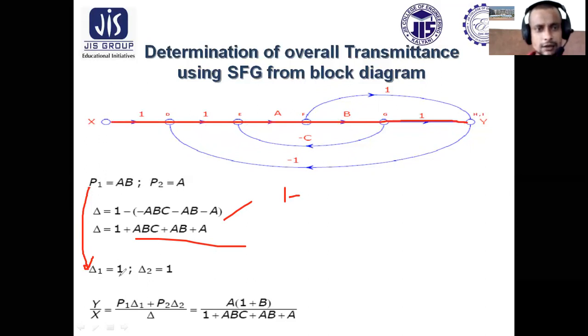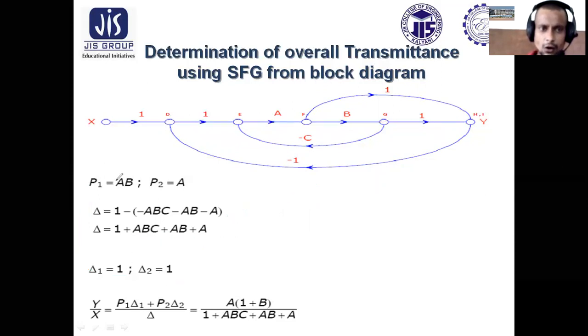As all the loops are touching the first forward path P1, there is no loop which is non-touching with P1, so del 1 will be 1. Similarly, del 2 will be 1. So finally, you have got all the P1, P2, del 1, del 2. Applying Mason's gain formula, we'll get the overall transfer function or transmittance.